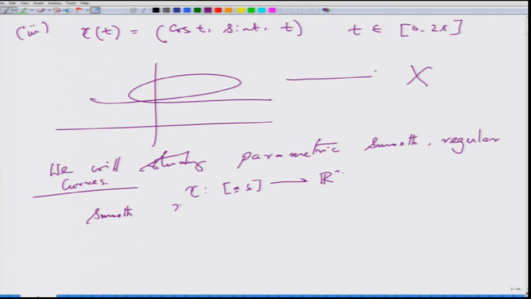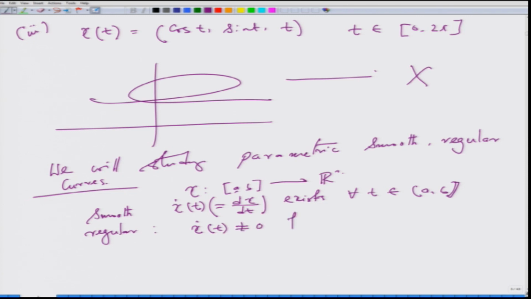Smooth means gamma dot t, which throughout this course denotes d gamma/dt, exists for all t in [a, b], and regular means gamma dot t is not equal to 0 for all t in [a, b]. That is, the derivative is non vanishing, that is, I have a well defined tangent.